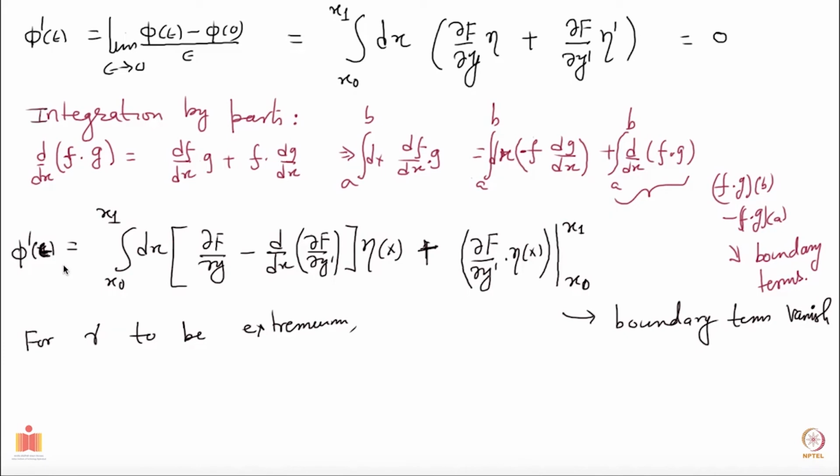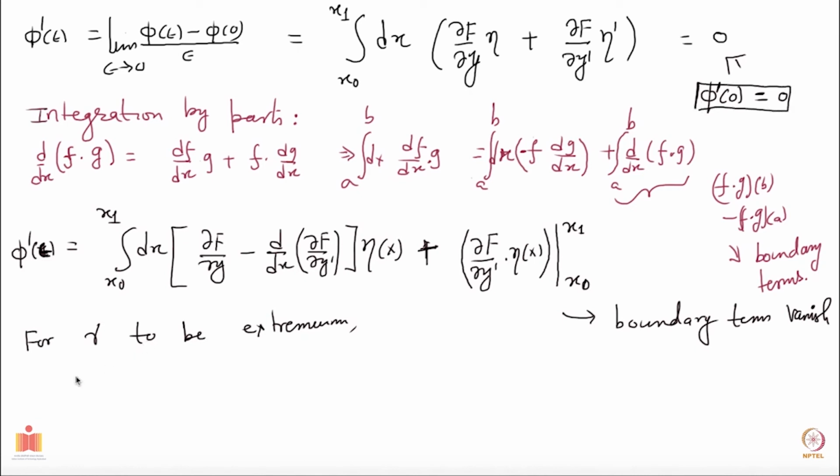So phi prime should be 0 at epsilon equal to 0. Okay, so here I'm saying phi prime at 0 should be 0. Okay, I should have been more careful in writing this. Okay, so that's the condition we are looking at.